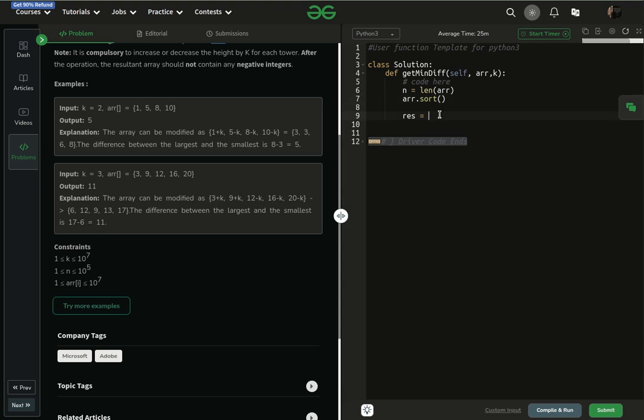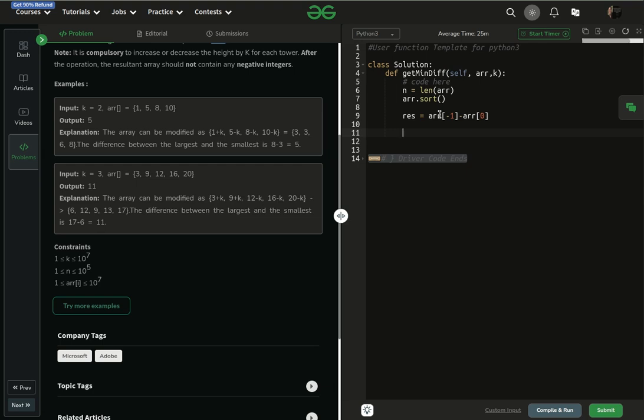What will be the largest value? Array of minus 1 minus array of 0. Then we will apply the iteration here.